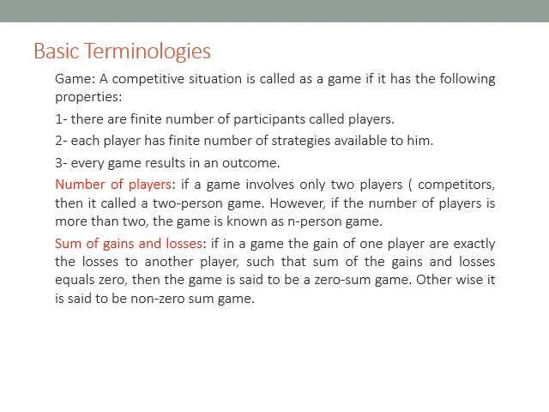However, if the number of players is more than two, the game is known as an n-person game, where n may be 3, 4, 5, etc. Sum of gains and losses: if in a game the gains of one player are exactly the losses of another player, such that the sum of the gains and losses equals zero, then the game is said to be a zero-sum game.